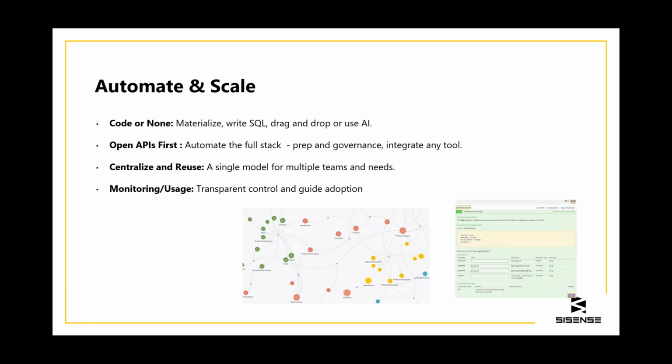Because it's easy to automate, as they can materialize, write SQL, and use drag and drop AI, we can easily scale the system. And because of Sisense's inbuilt in-chip memory, you can grow to huge data sets without the big overhead and costs.